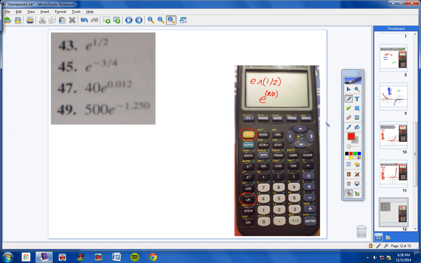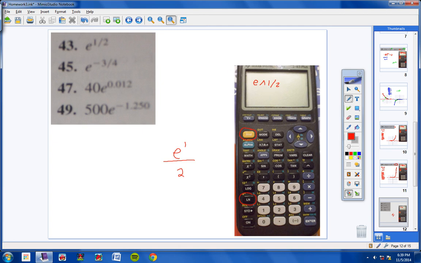If you don't do that, students, if you type this E, the arrow, and then you hit 1 divided by 2, here's what it thinks you mean. It thinks you mean E to the 1 power divided by 2, which is really what you told it, because you're saying the exponent is 1.